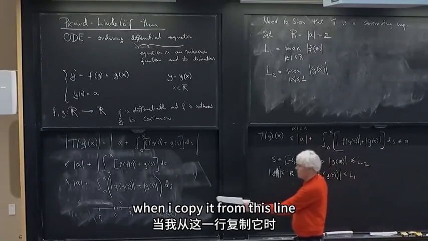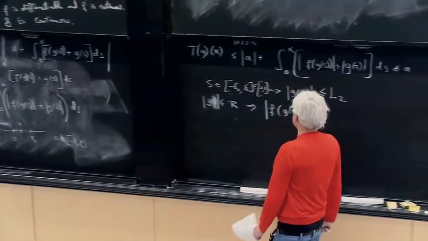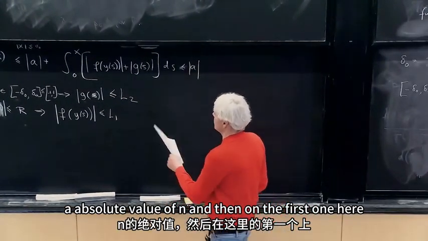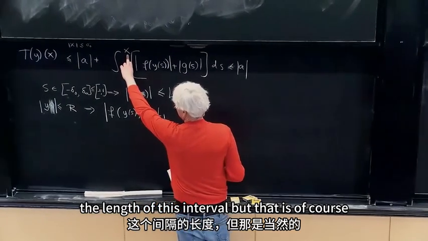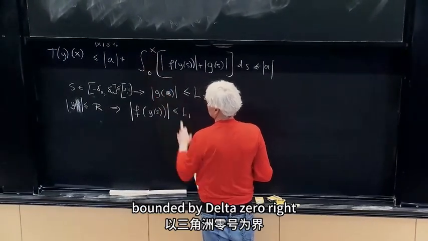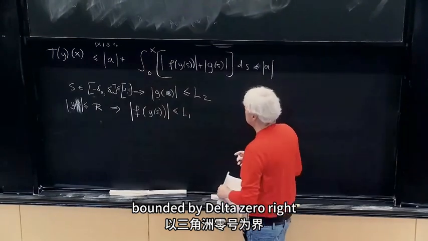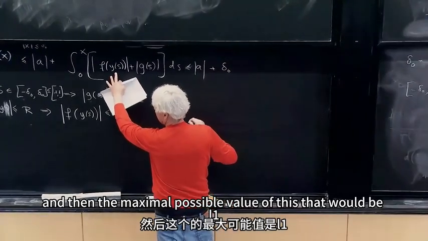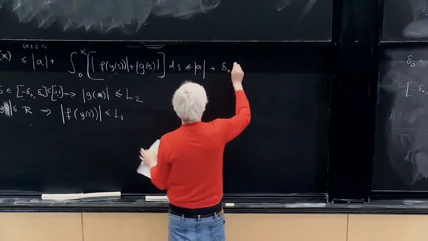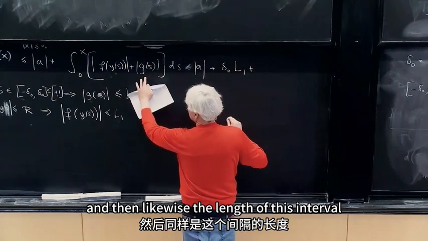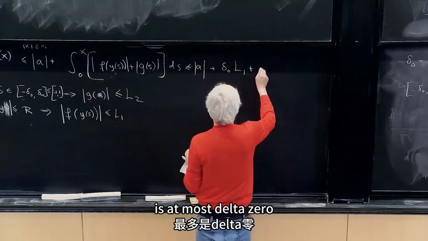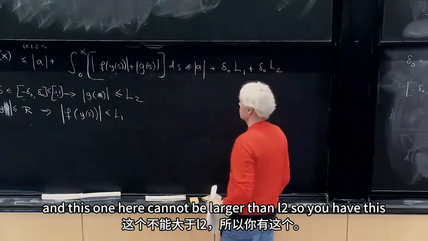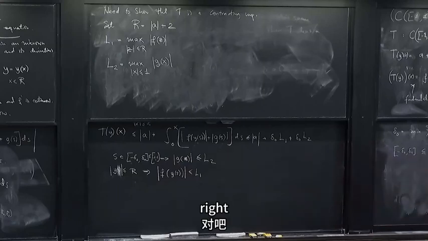Somehow I lost it when I copied from this line. Then on the first integral, the length of the interval is bounded by delta 0, so this is plus delta 0 times the maximal possible value, which is L1. And likewise, the length of the interval you're integrating over is at most delta 0, and this one cannot be larger than L2. So you have this, right?